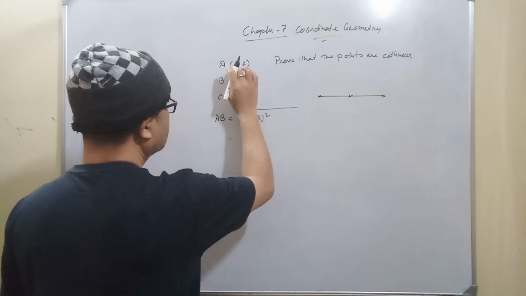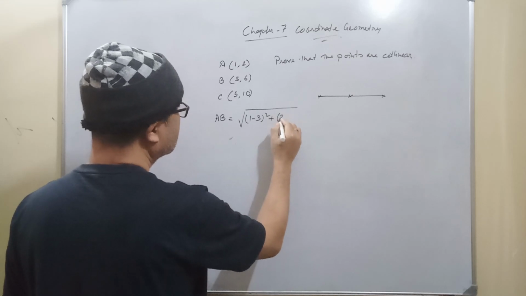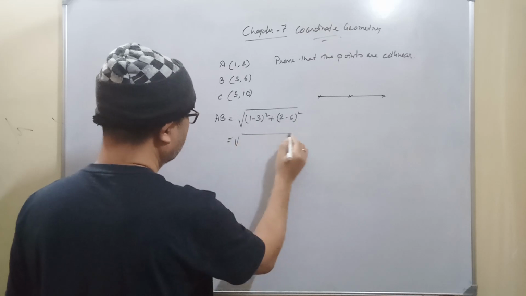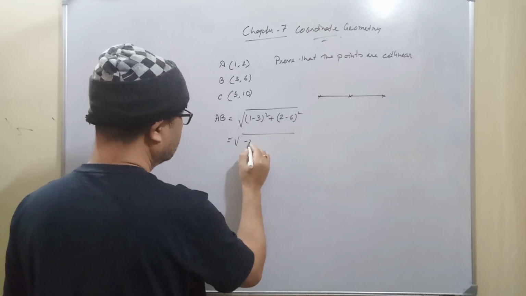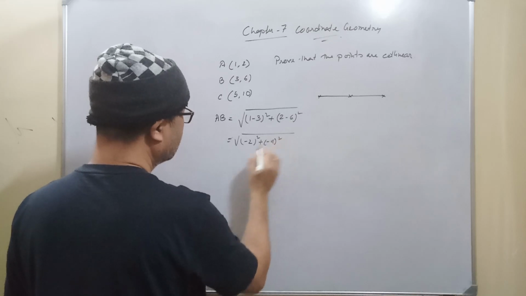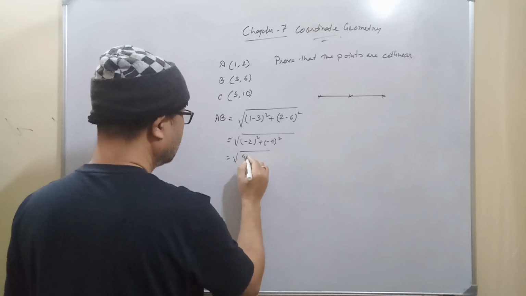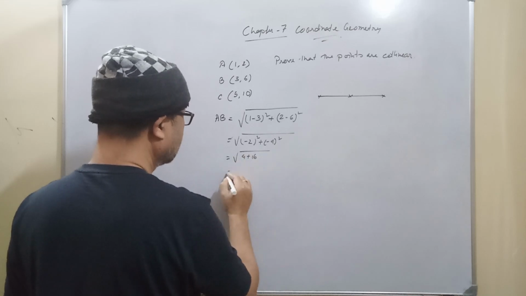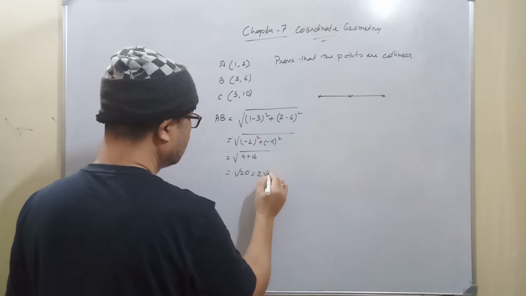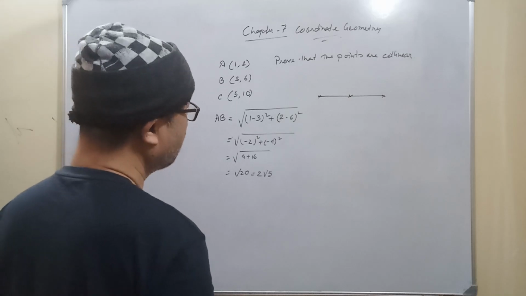So it is (1 minus 3) square plus (2 minus 6) square. This is (minus 2) square plus (minus 4) square. This is 4 plus 16, 20. This is equal to 2 square root of 5.